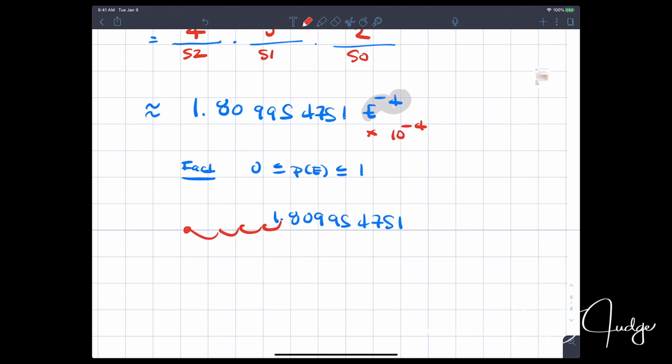There's my new location of the digit. Move the digit 4 spaces to the left. If it's negative, you move it to the left. 1, 2, 3, 4. And the blank spaces, you fill in with a 0, because this is scientific notation.